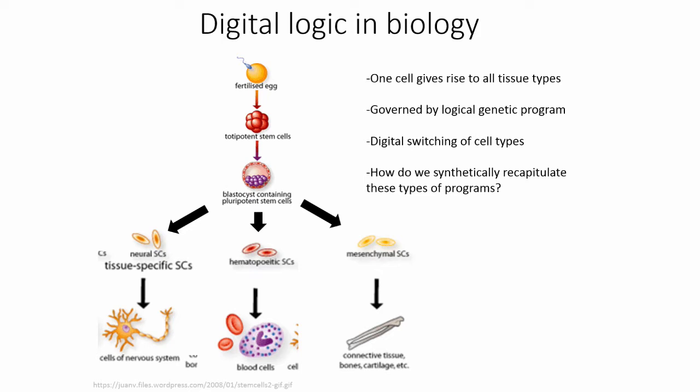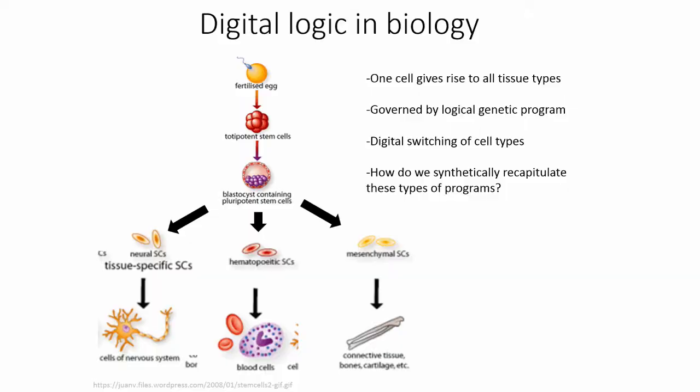My favorite example is cellular differentiation after fertilization of a human embryo. Based on this one genetic program, which is the genome, and based on environmental factors and circuit inducers, the cell makes decisions about what tissue type to differentiate into.